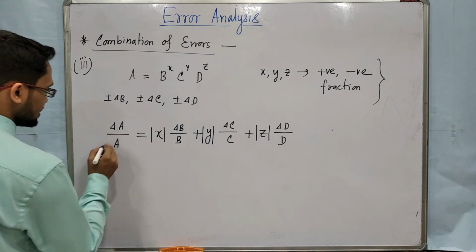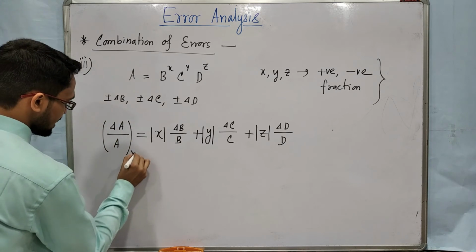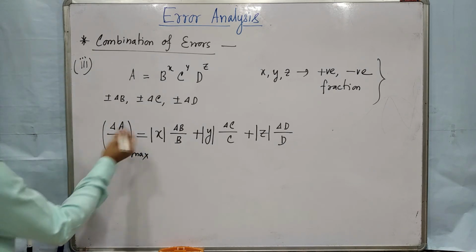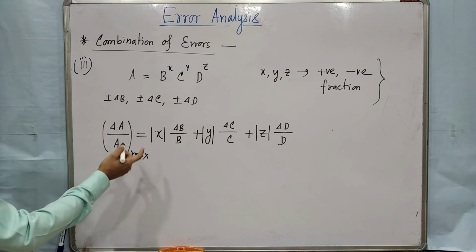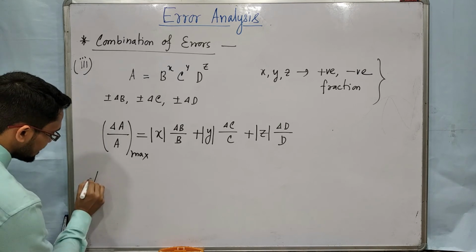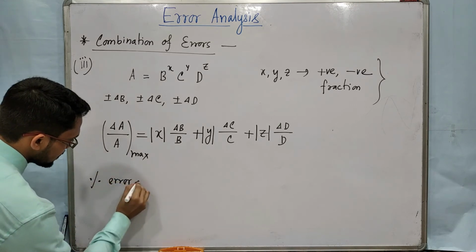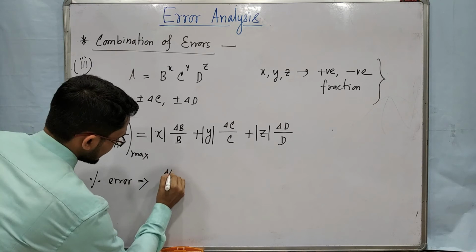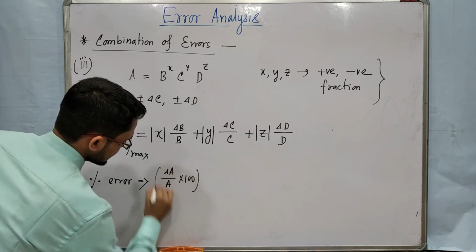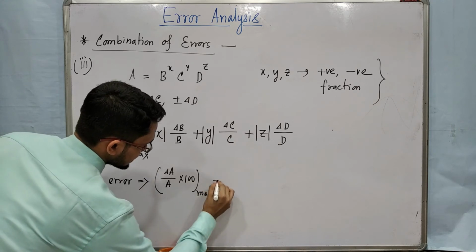This is the maximum error. You can understand this is a fractional error, or relative error, because it is delta A by A. So percentage error will be delta A by A into 100. This is the maximum percentage error.